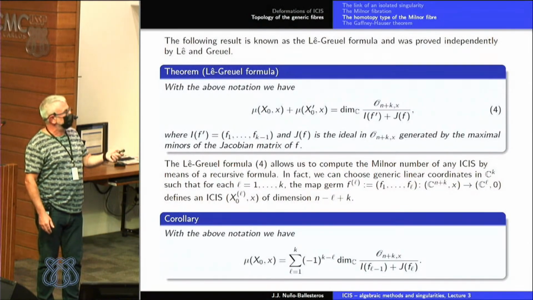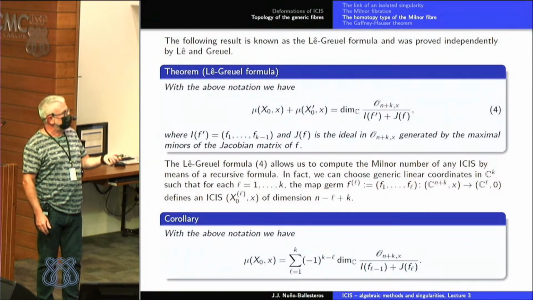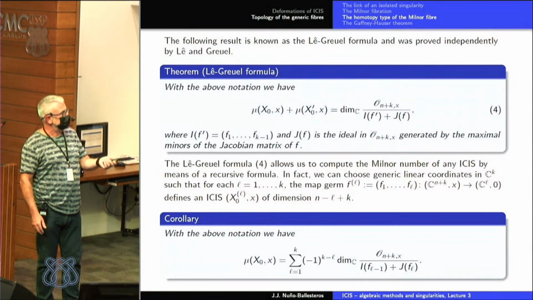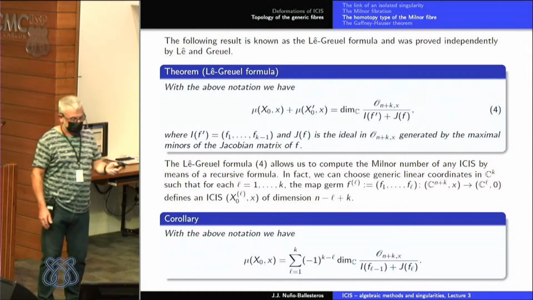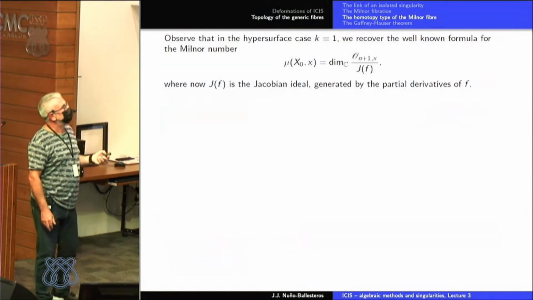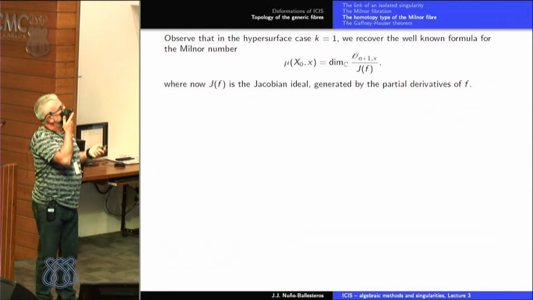So with this notation, we have this formula that the Milnor number of the ICIS is equal to this alternating sum, where you take all these dimensions, where this is the ideal generated by the first l minus 1 functions, and this is the Jacobian ideal of the first l functions. This alternating sum gives the Milnor number.